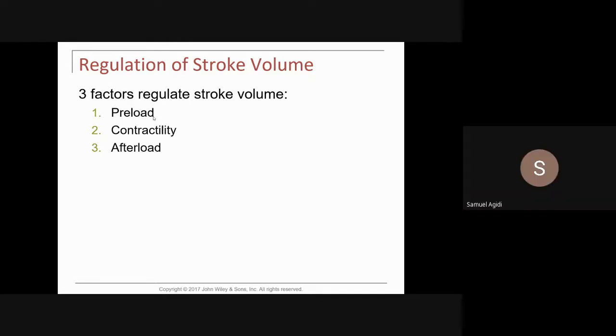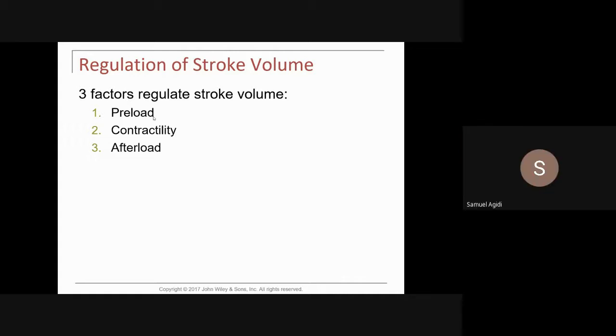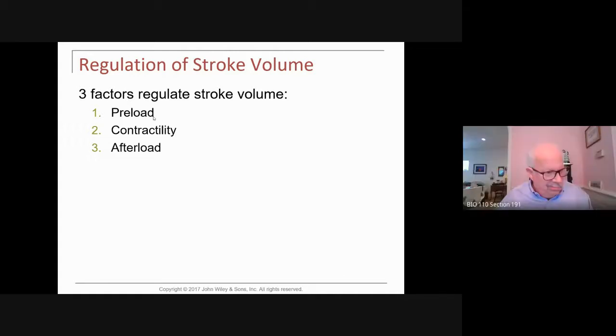So if there is a little bit of blood coming from your legs, a little bit of blood coming from your head, your preload would be decreased, correct? Somebody answer me.